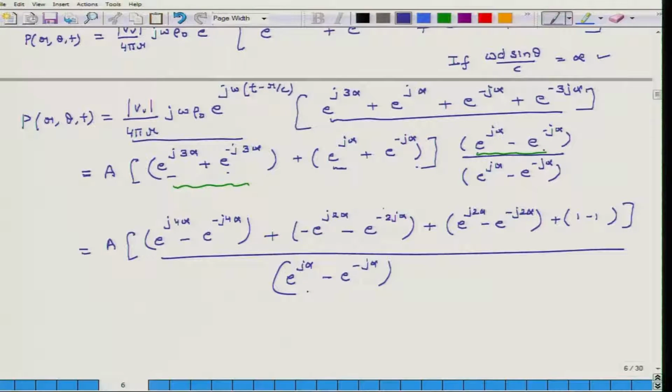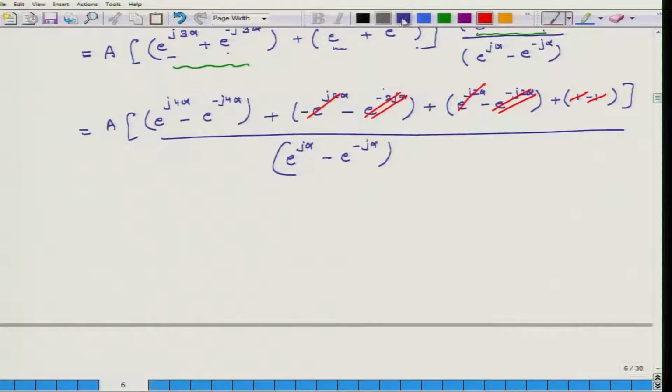So, in this 1 cancels out, this e to the power of j alpha cancels out with this term, and this term cancels out the other term.